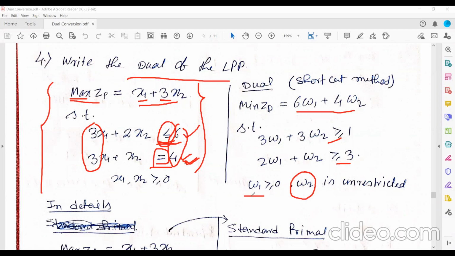But here, on W1 you can put the restriction, but you cannot put a restriction over W2. Why can't you? If you go through the details of converting this kind of LPP into its dual, then only you will come to know why we cannot put any restriction over the variable W2.